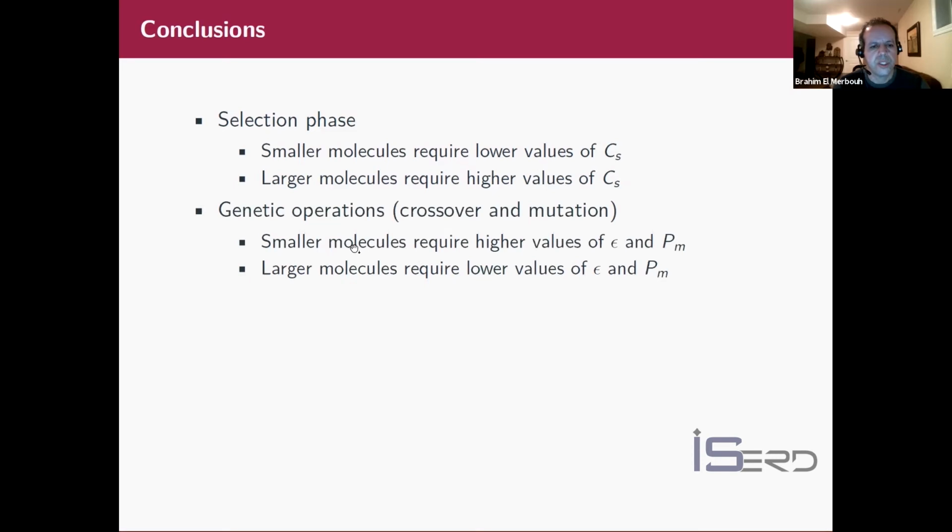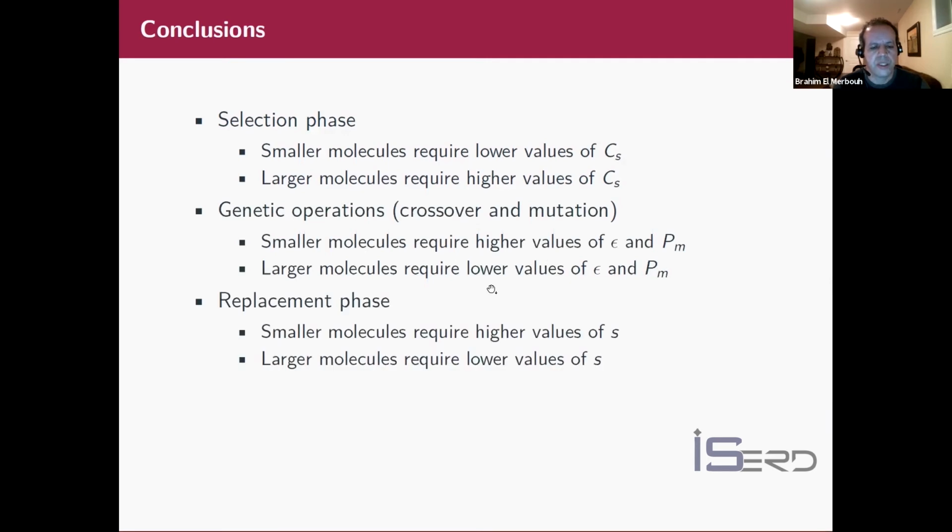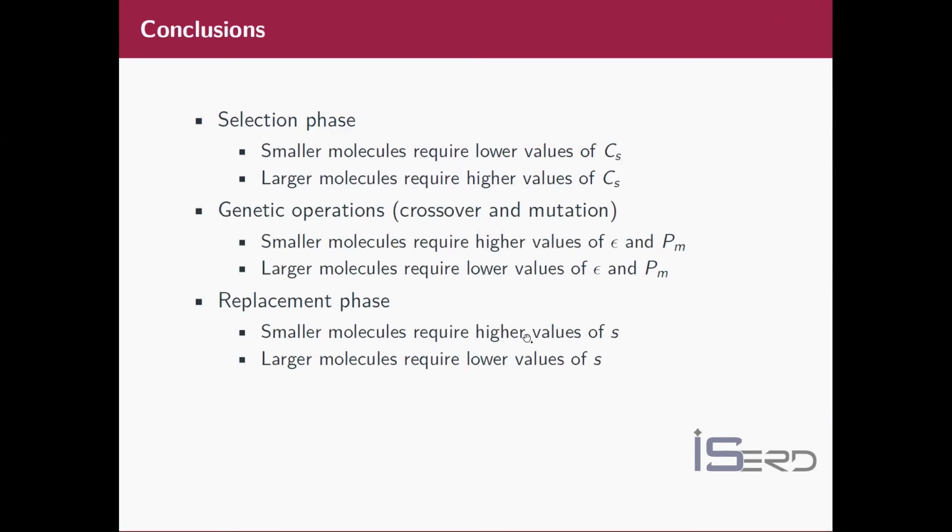For the genetic operations, crossover and mutation, it's quite the opposite for the parameters interval crossover and probability of mutation. For the replacement phase, it's the same as the genetic operations, the same variation.